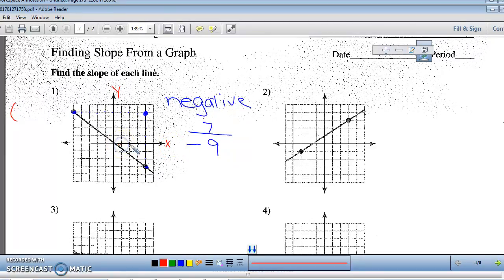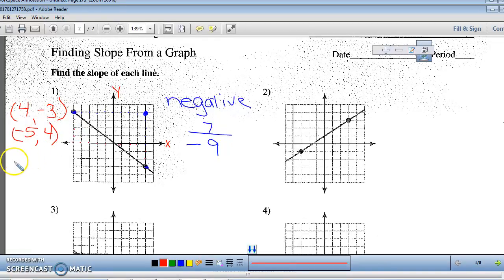So 1, 2, 3, 4. And then we went down 1, 2, 3, so that's a negative 3. And then this is negative, so negative 1, 2, 3, 4, 5. And positive because we're going up 1, 2, 3, 4.